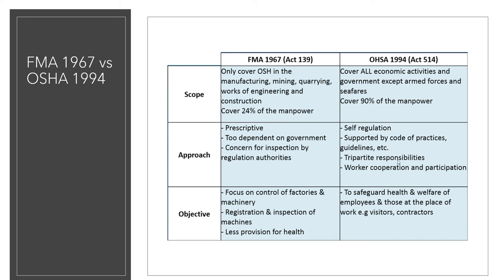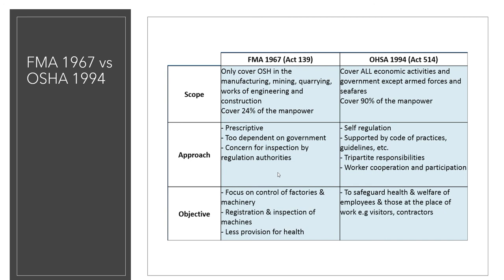Okay, three parties responsibilities, worker cooperation and participation. But for FMA, too dependent on government and concern for inspection by regulation authorities. Dia lebih kepada regulation on doing the inspection of the machinery.